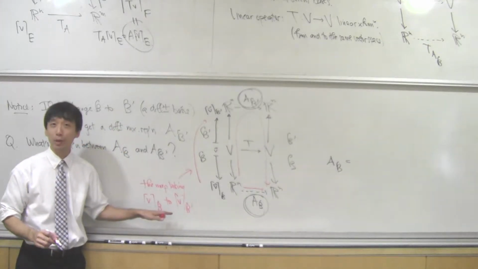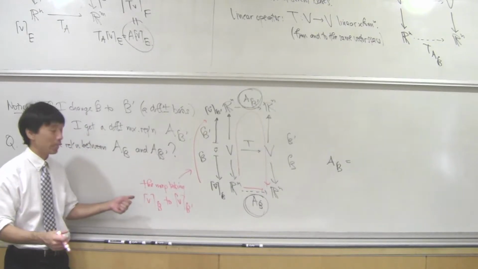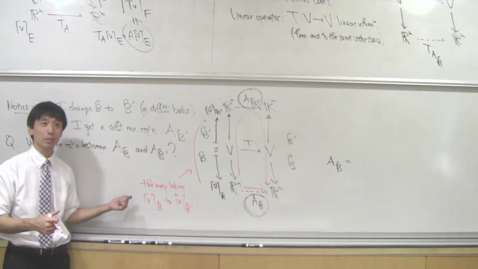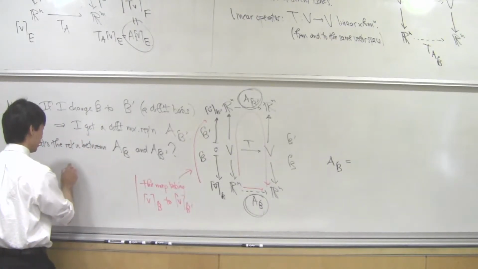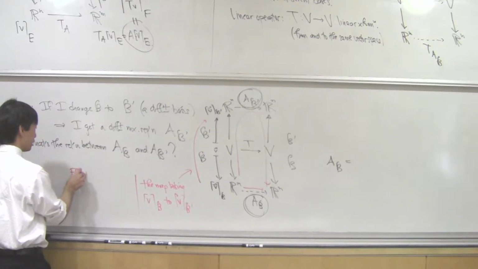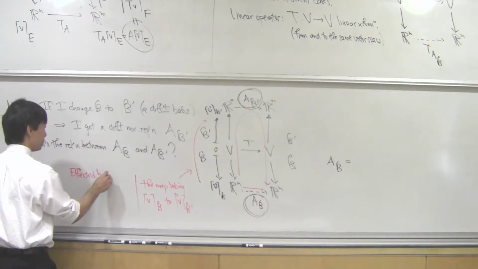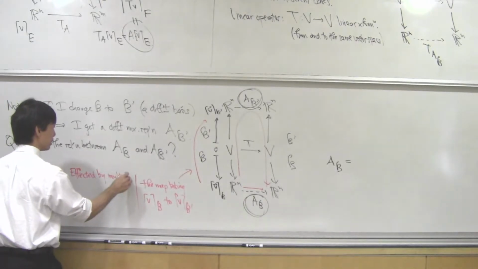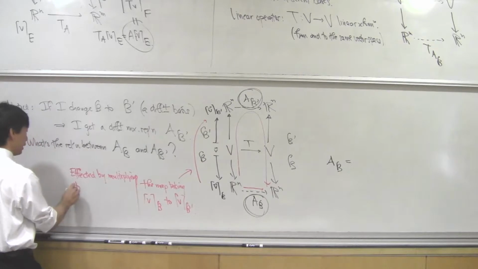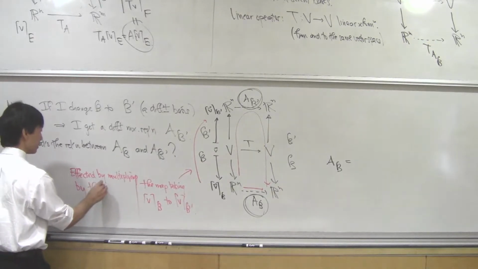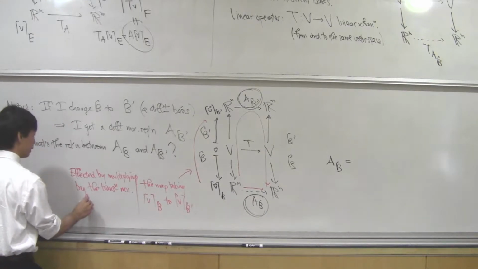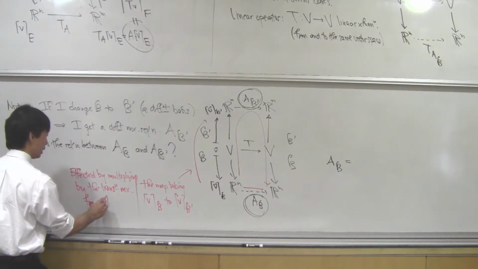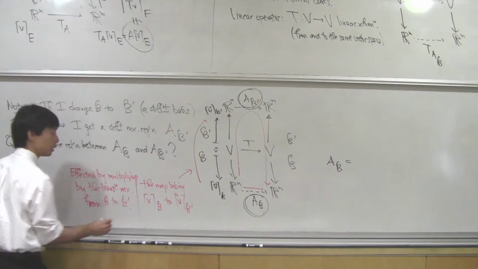That we've seen before. That's accomplished by multiplying by the transition matrix from B to B prime.